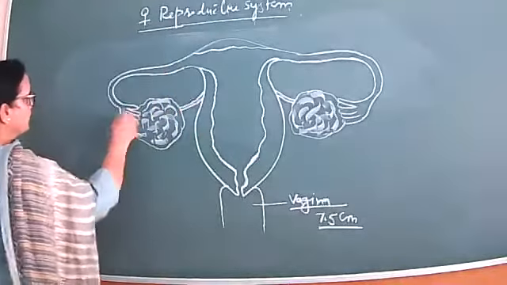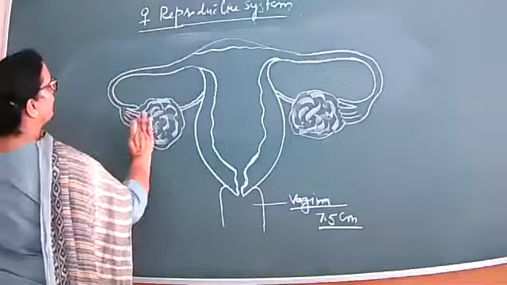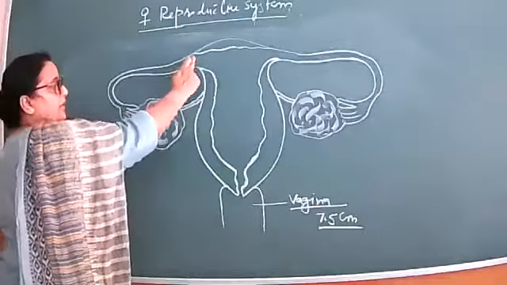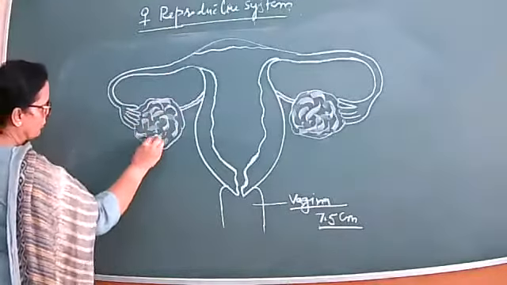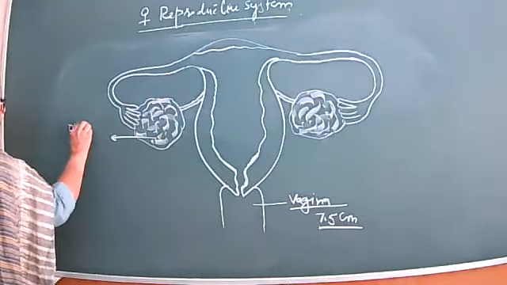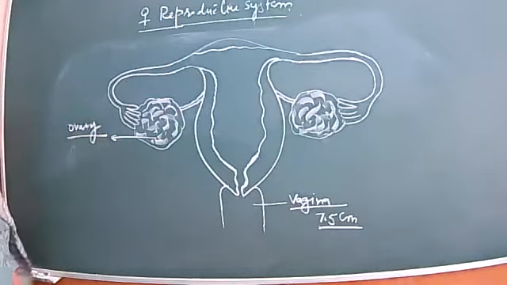Then let me label this. Starting from this to this area is all the oviduct, and that globular portion is the ovary. There are two ovaries, right and left.